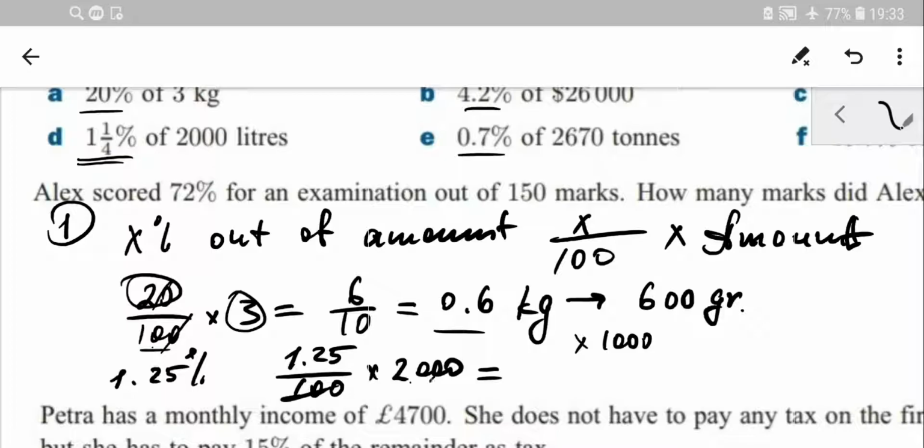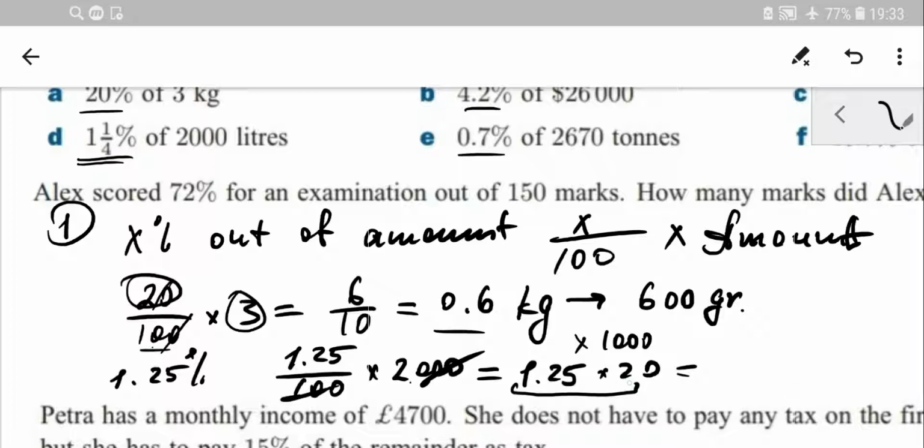So 100 and 2 zeros were cancelled. And now what I need to do is just 125 multiplied by 20. I just take that, multiply, and in the end I add a 0. Or if it's with a decimal point, I just transfer the decimal point one step ahead.